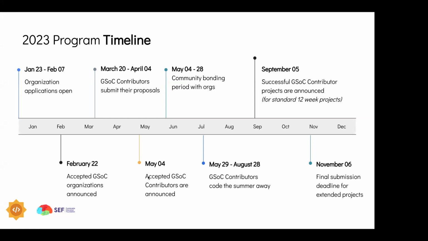So then in March, you will be able to see who got selected for these projects, and after that you will have this community bonding period with your relevant organization, where you can talk to more people, you can talk to your mentor, and get clarified things that you need to get clarified, so that you can start coding by May 29th.